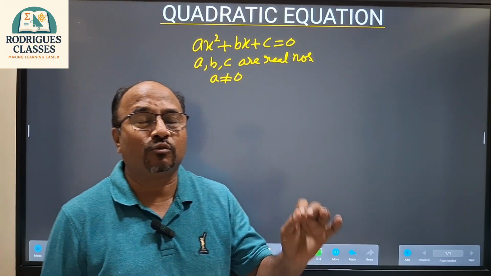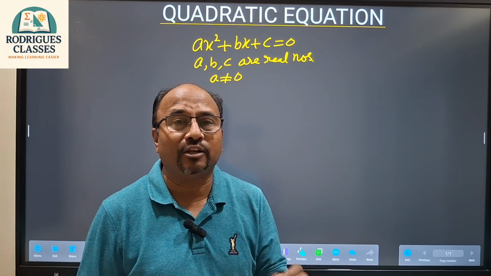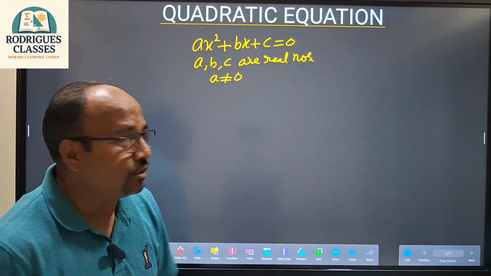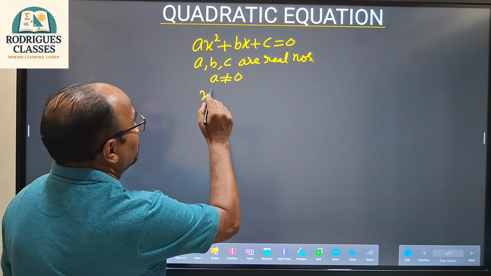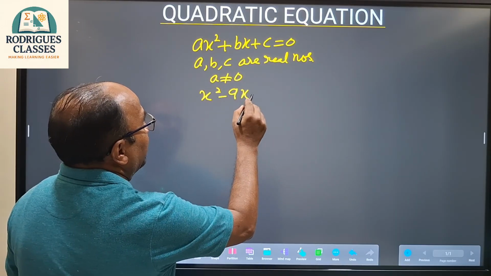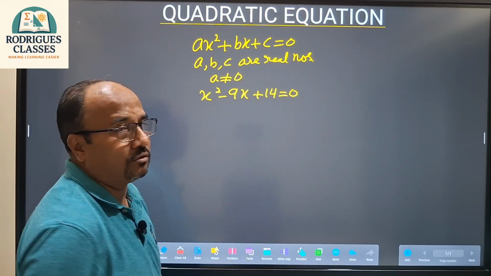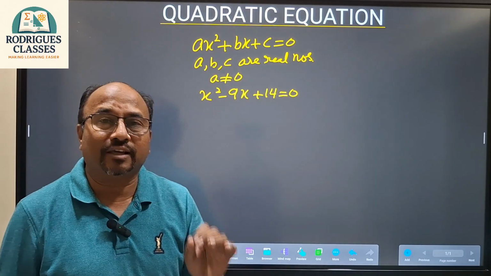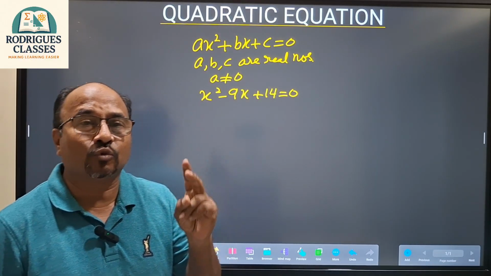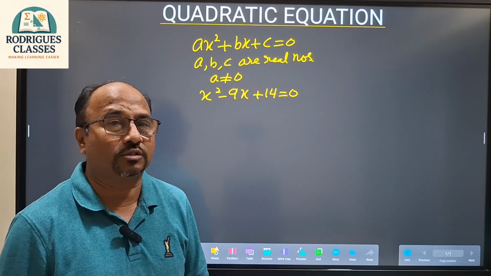So if I take a quadratic equation, let me tell you what the roots and the solutions are. Let me take one equation: x square minus 9x plus 14 is equal to 0. Because it is of degree 2, it is going to have two solutions, or two roots.